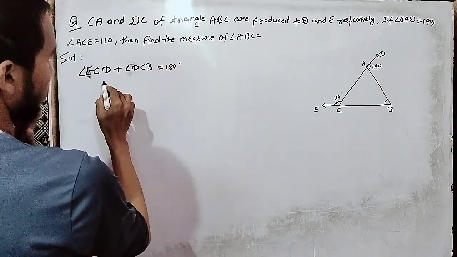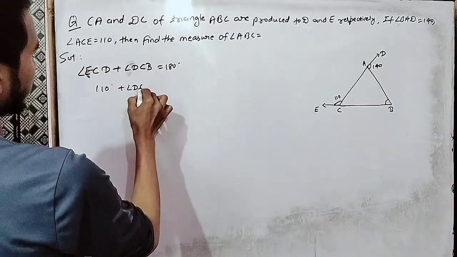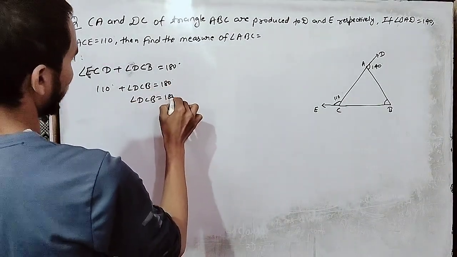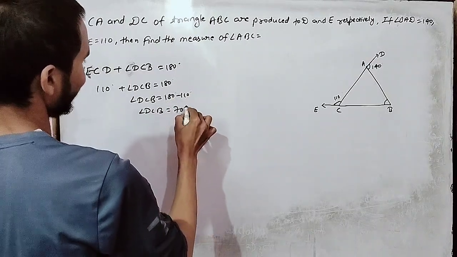The value of this is 110. Okay, DCB is 70 degrees.